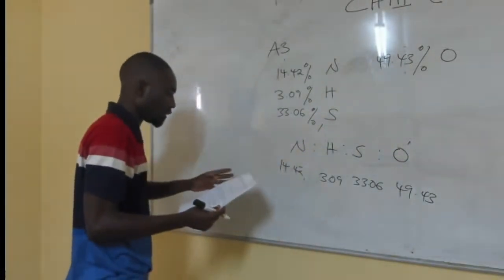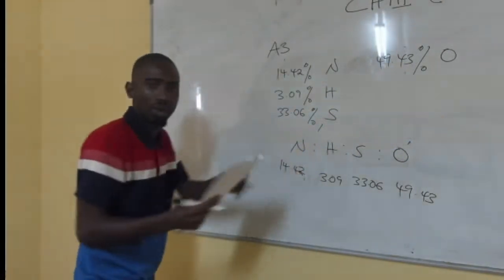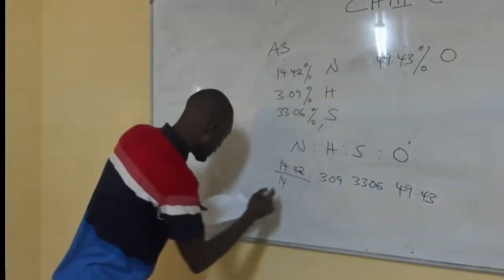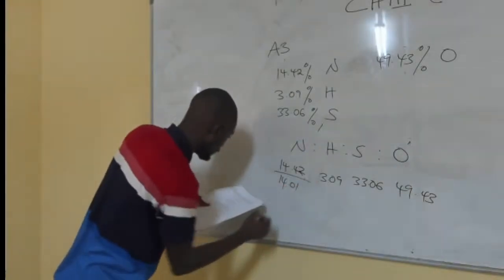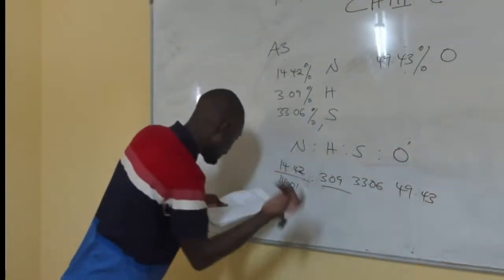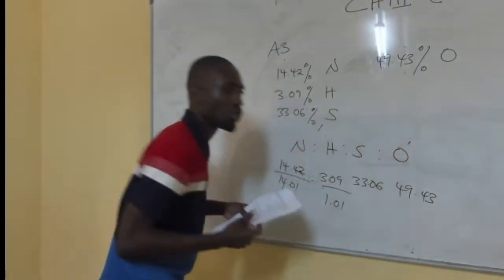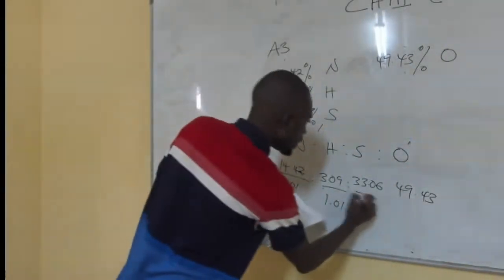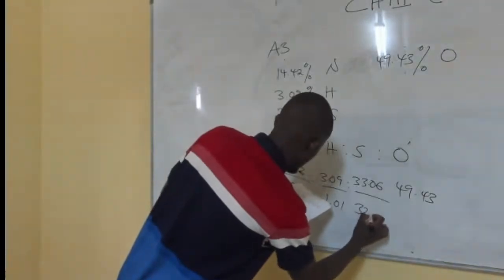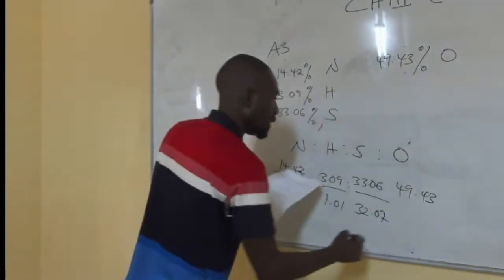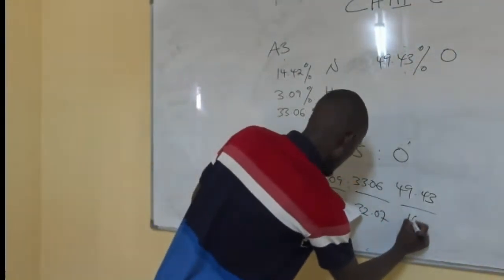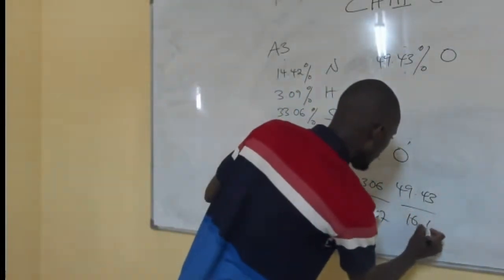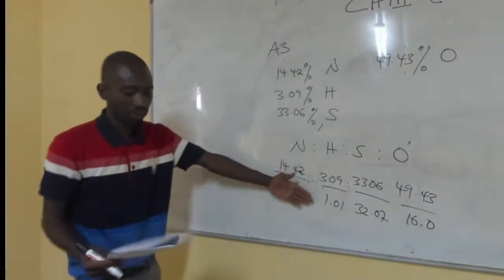For nitrogen, it's 14.01. Here as well, you divide by 1.0. We use those, we have not rounded off. Then you have 32.07, then you have 16.0.